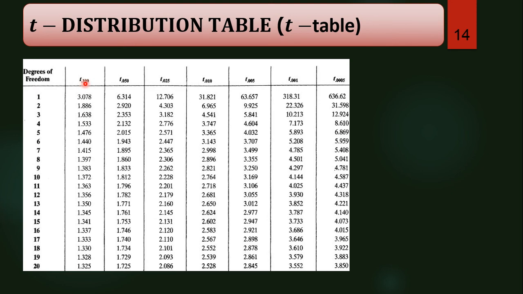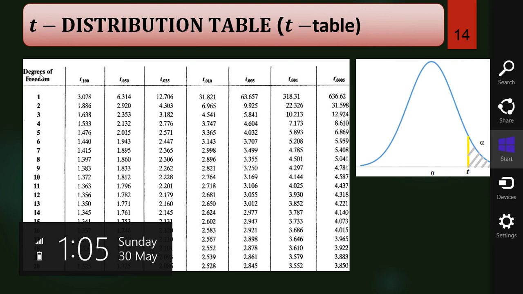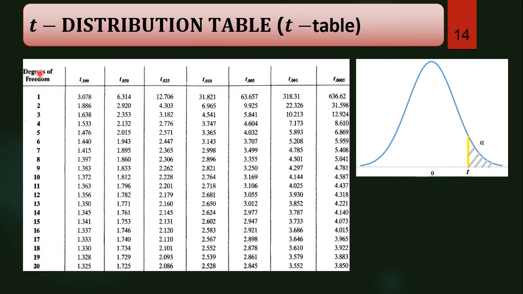Then the curve will also be a bell curve, but the value for the alpha here represents the area under the curve, meaning to say that the value at the middle here will be the value of T, where alpha represents the area under the curve with its corresponding degree of freedom.